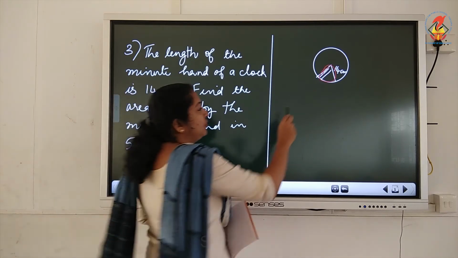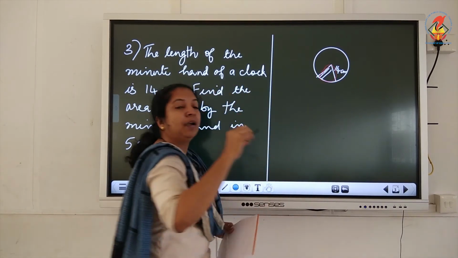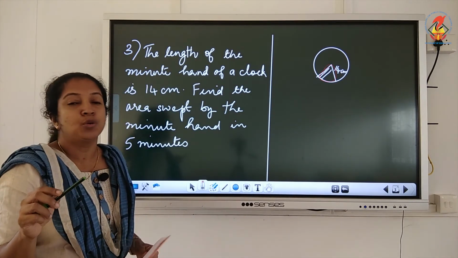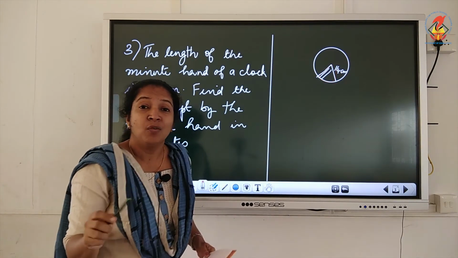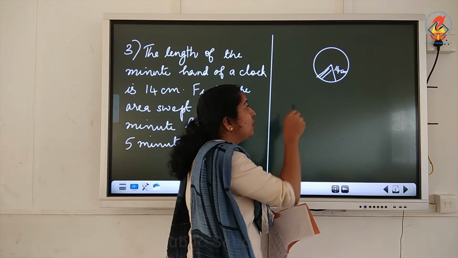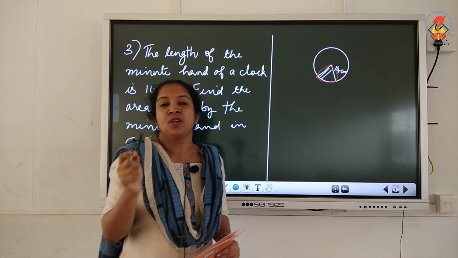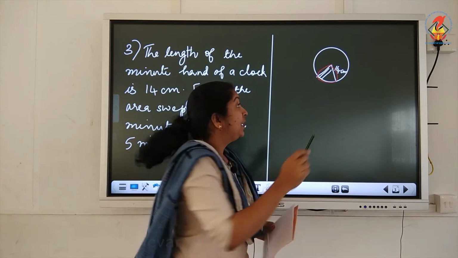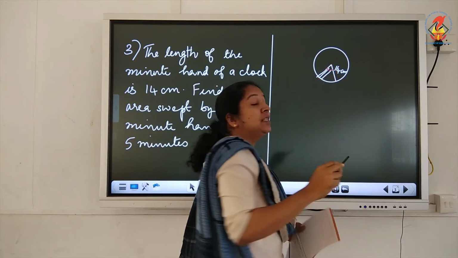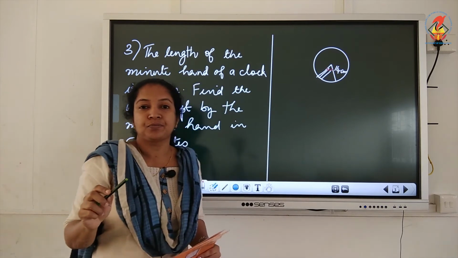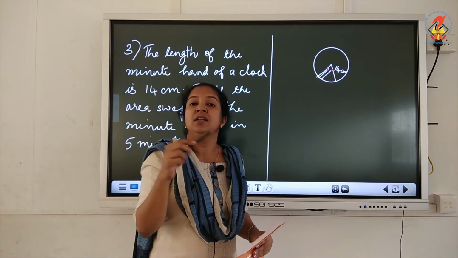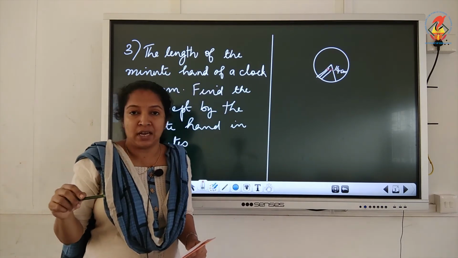What we have to find is the area of this sector. For finding that, what we need? We need the angle here. That means the central angle, or the angle between both the radii.